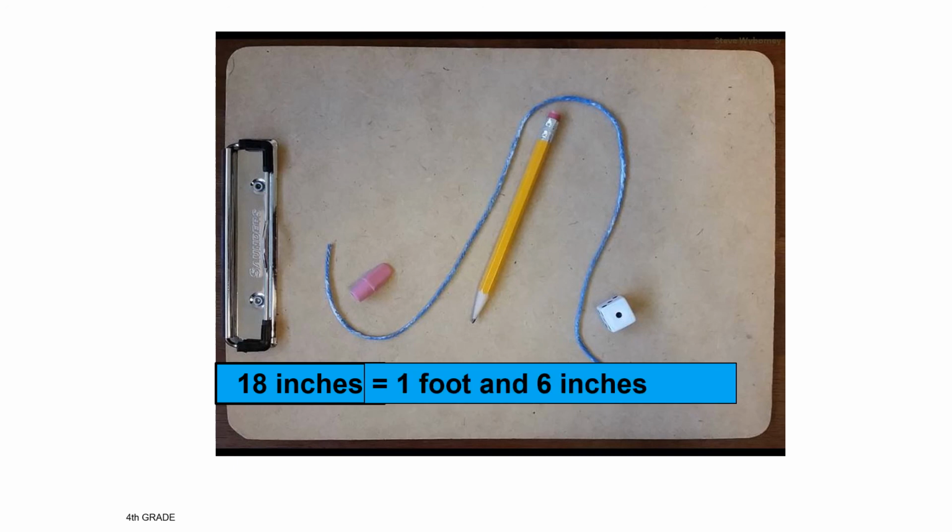This string is equivalent to 1 foot and 6 inches. I knew that 12 inches is 1 foot and 18 is 12 plus 6 more. 6 inches isn't enough to make another foot, so 18 inches is equal to 1 foot and 6 inches.